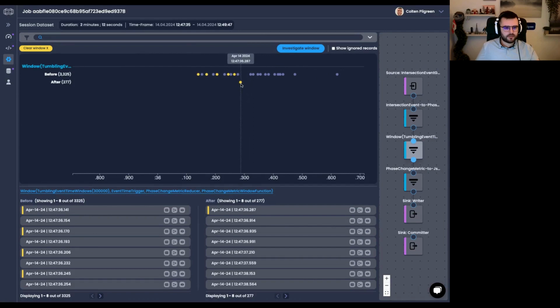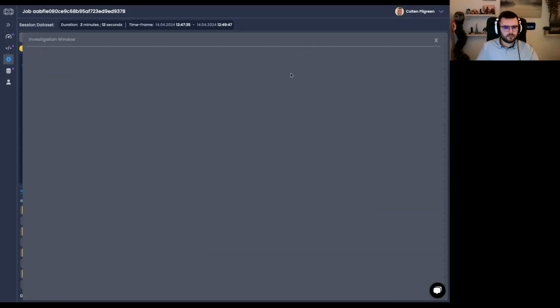So here we can see, this one emit had 5 events, and they're highlighted over here in our inputs and on our timeline. So what's nice about this is whenever we highlight our window, we actually can investigate it.